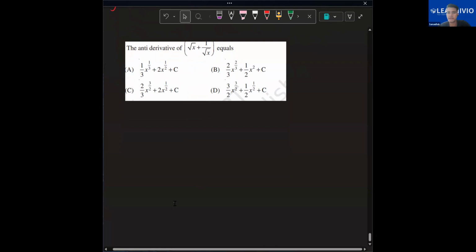The antiderivative of this, root of x plus 1 over root of x, is equal to what?